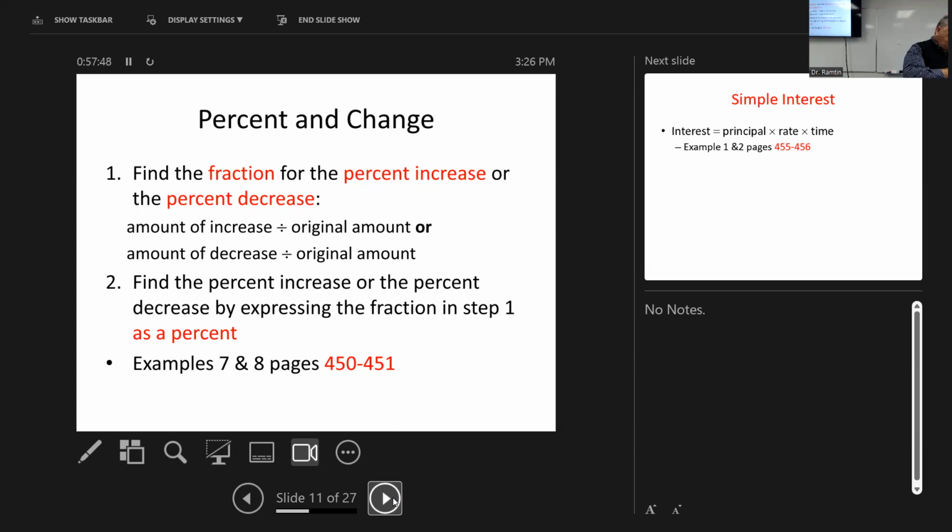The low percentage, if you go by the low projection, which is that green curve, in the year 2000, again, the population is 6 billion. They predict in the year 2150, the population would be almost 4 billion. So you actually have a decrease. So you take the original minus the projected future population, becomes 2, divided by original 6, you get 1/3.